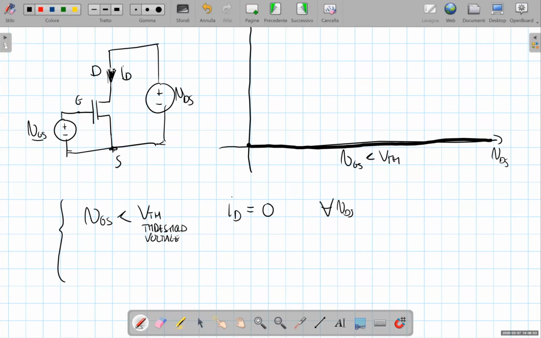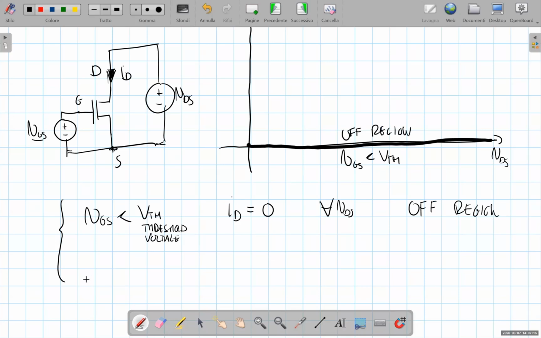When this happens, between the drain and the source, the transistor can be regarded as an open circuit or as an off switch, and we say that the transistor is in the off region. So this is the off region.